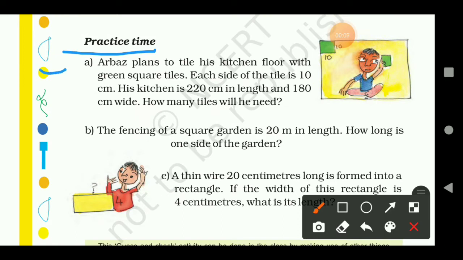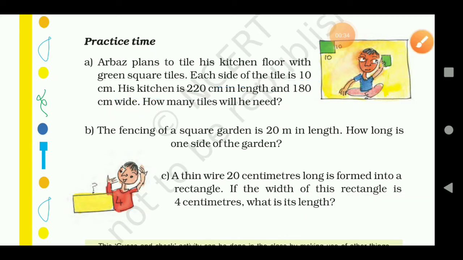Here question A. Arbaz plans to tile his kitchen floor with green square tiles. Each side of the tile is 10 cm. That means tile is square. His kitchen is 220 cm in length and 180 cm wide. Now question is how many tiles will he need?